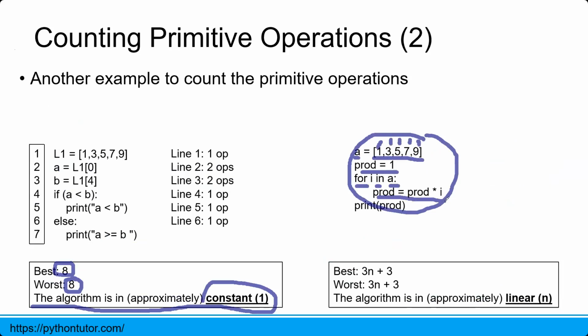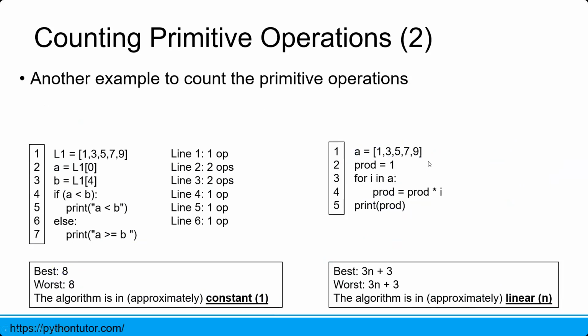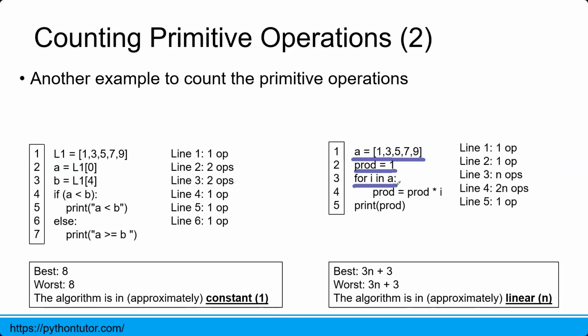So we have prod equals to prod multiplied by i. It means this is one operation. This is one operation.